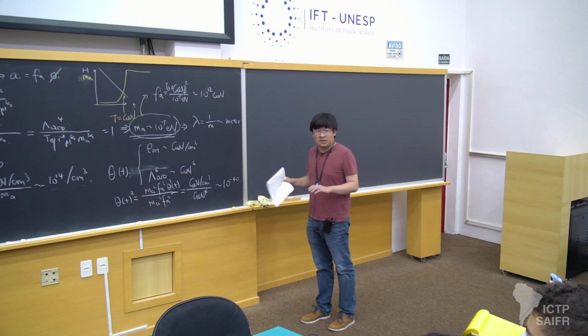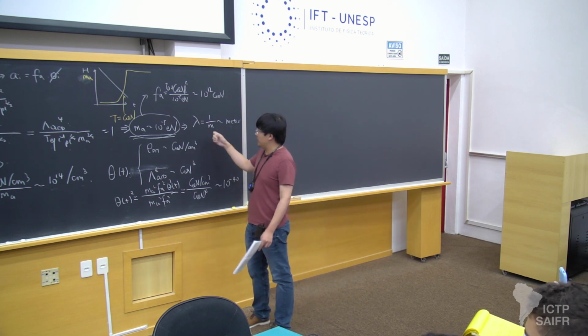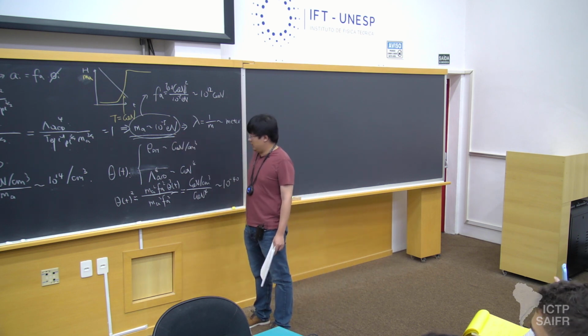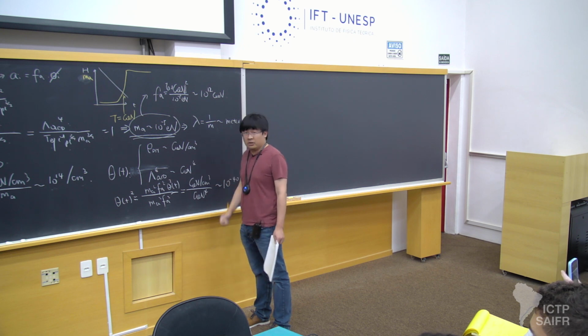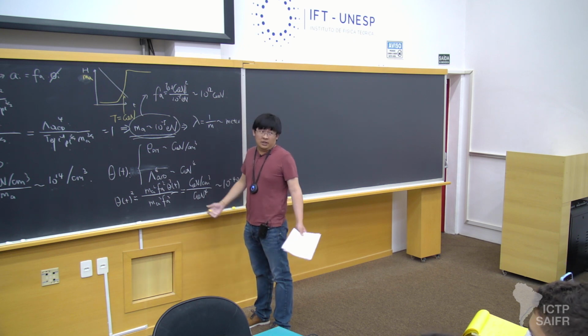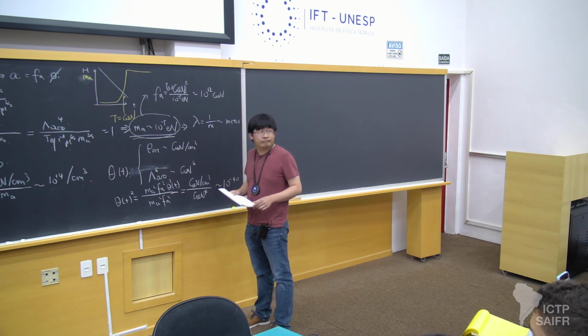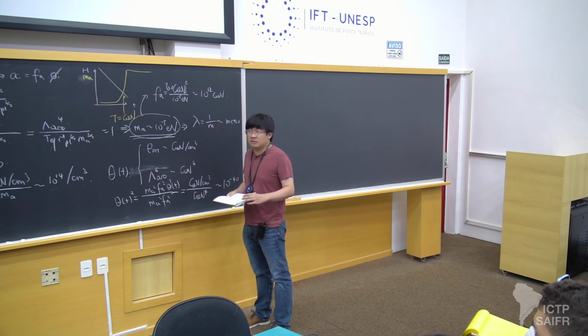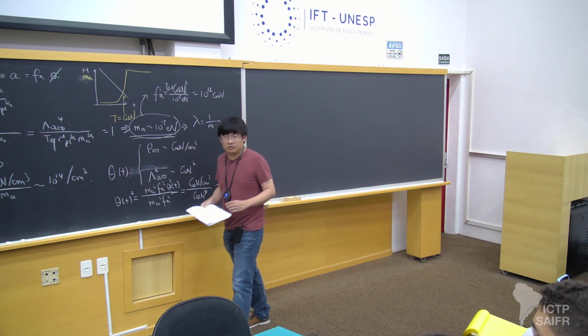It gives you the qualitative picture of a very light particle which is never in thermal equilibrium, and as a result is cold, and cold enough to be dark matter. Okay? So that's all I want to say about the QCD axion. Questions for now before we go to experiment?